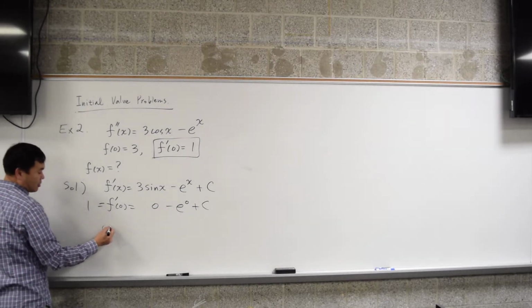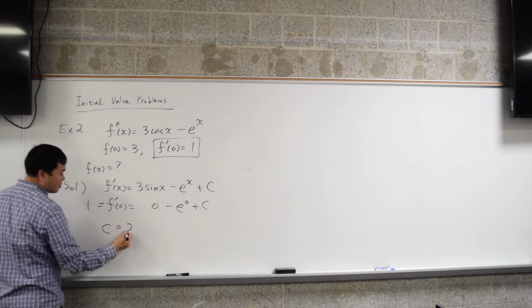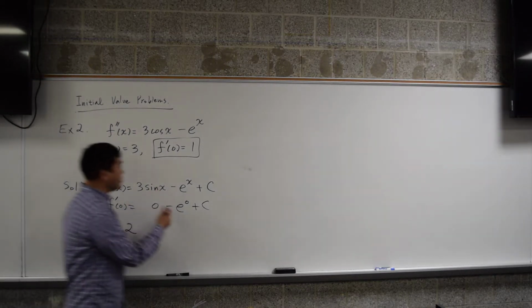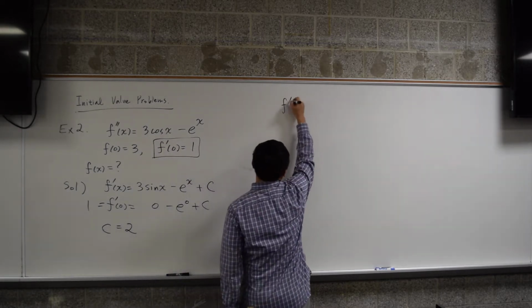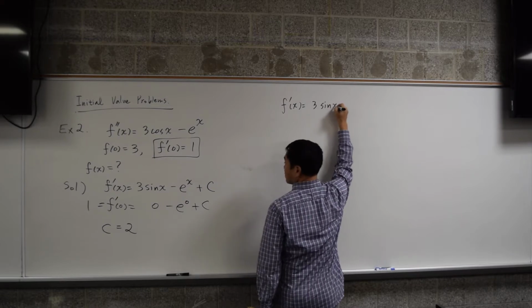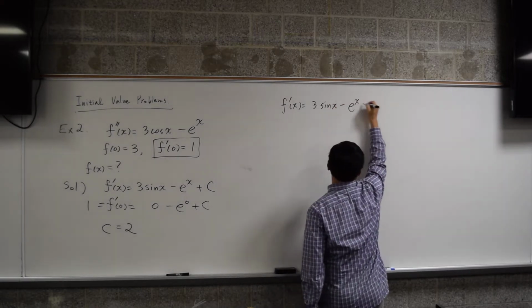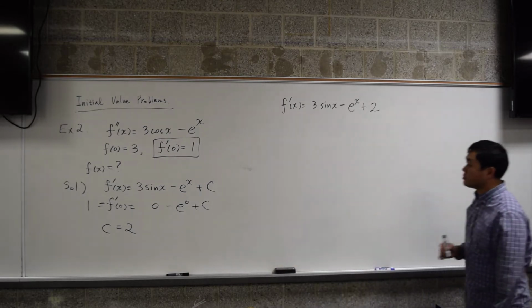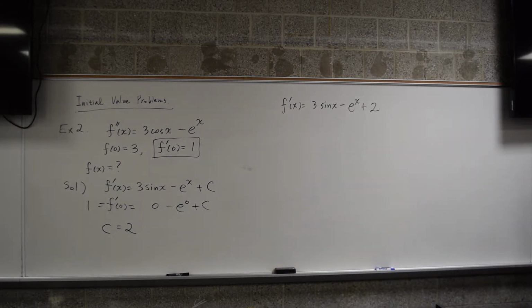What's the value of c? c would be 2, right? And then you plug that back in here, and we get f prime of x equals 3 sine x minus e to the x plus 2.